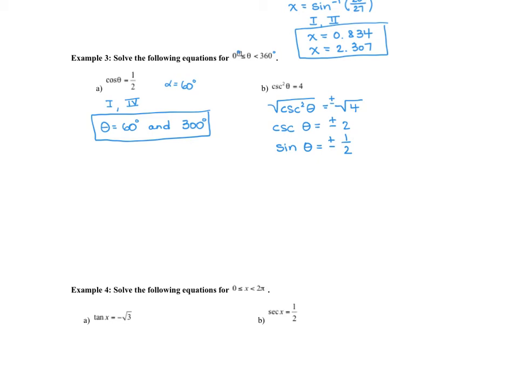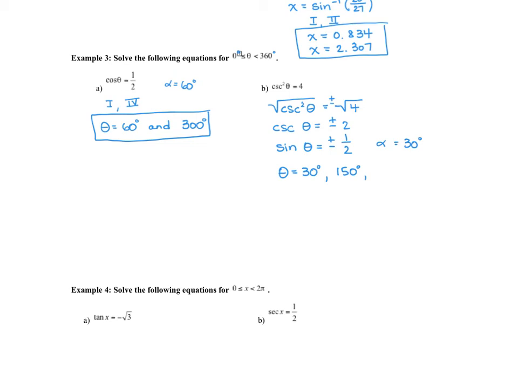The sine of theta is positive or negative in every single quadrant. Our alpha is 30 degrees. So in the first quadrant, I'll have theta equal 30 degrees. In the second quadrant, subtracting that from 180, I'll have 150 degrees.